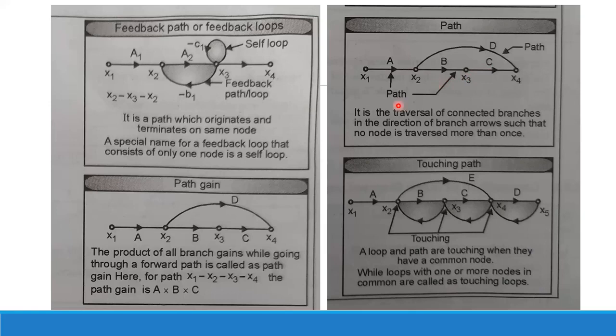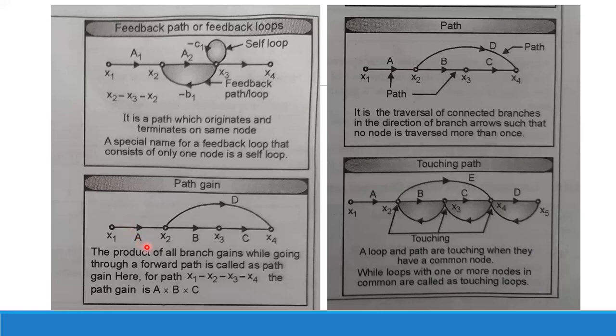Now the next one is path gain. If there is a group of arrows connected as a path, meaning the branches are connected with each other in a specific way, then this path also has a gain.